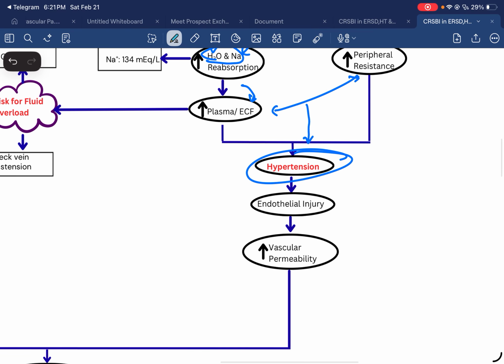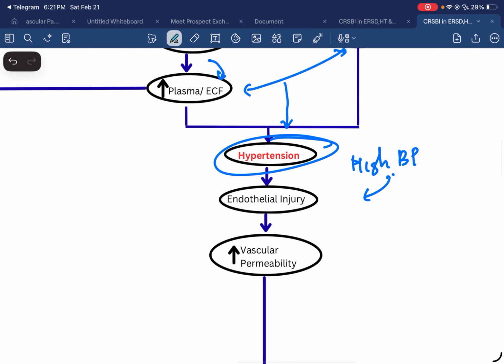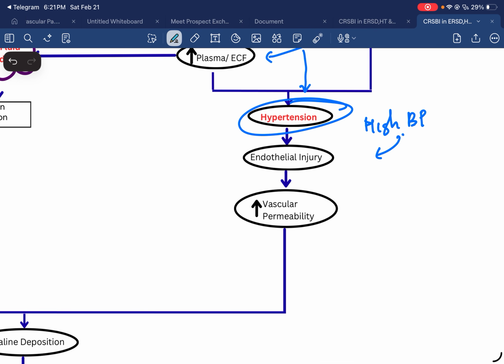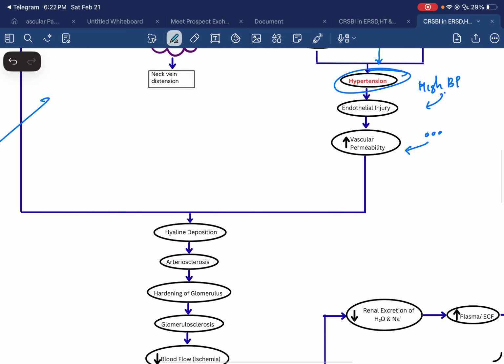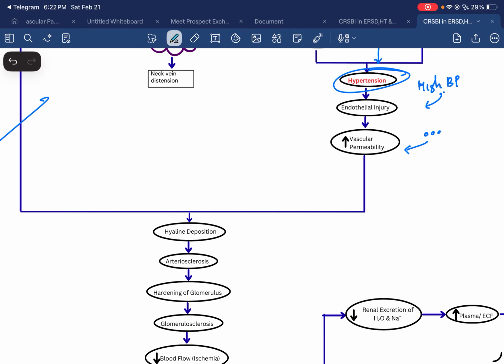And in high blood pressure, the high BP causes injury to the endothelium, and when there is endothelial injury, there is like a hole, and when there is a hole, there is increase in permeability, and this increased permeability leads to deposition of hyaline.